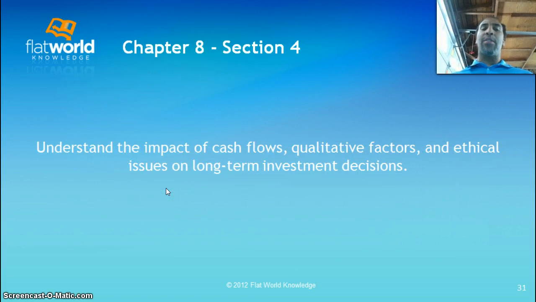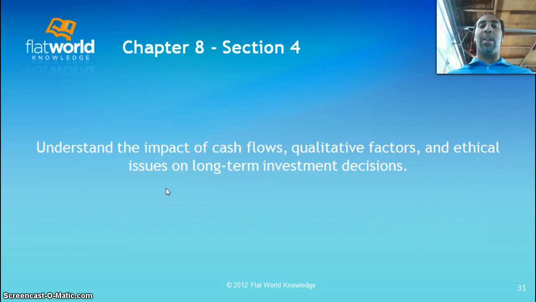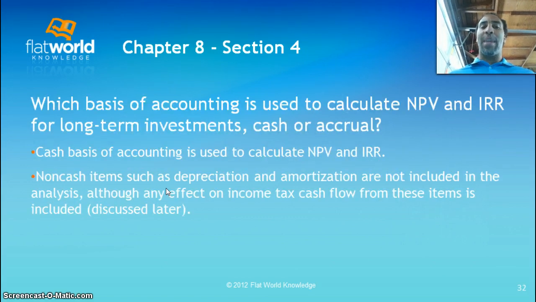All right, so we want to understand the impact of cash flows, qualitative factors, we mostly speak about quantitative because we're speaking about numbers, and ethical issues on long-term investment decisions. Very interesting topics, things that you really need to know as a manager, especially when you make a lot of decisions. So which basis of accounting is used to calculate net present value and internal rate of return for long-term investments, cash or accrual?